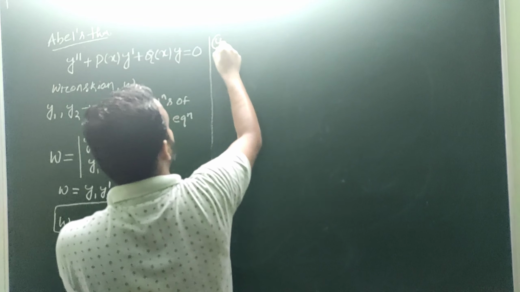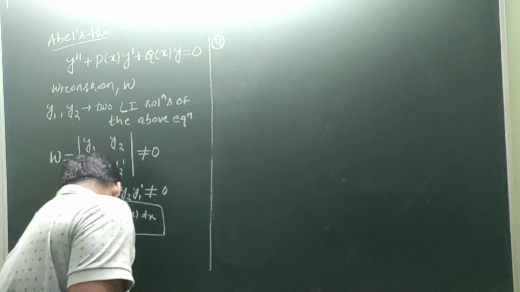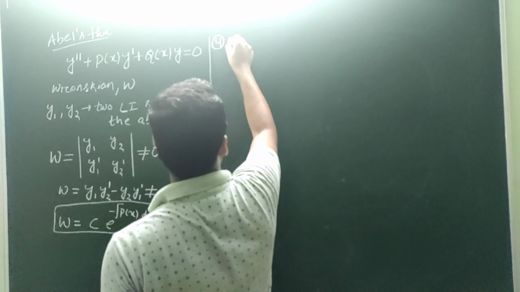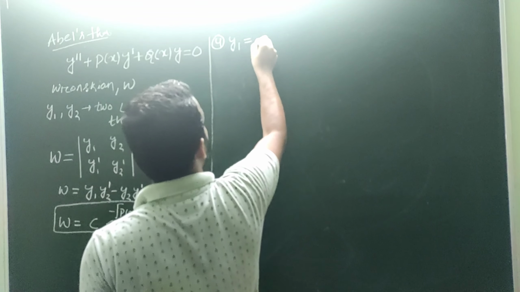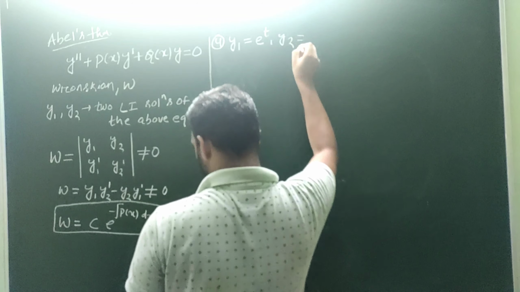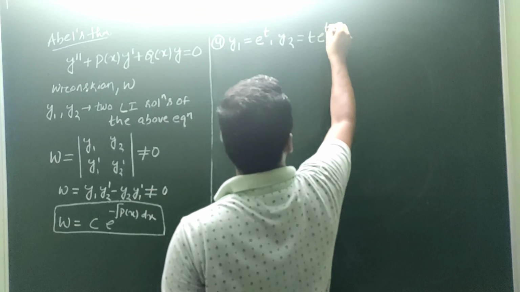This is the last question in this video. Two solutions are already given. Let's say y1 is e to the power t and y2 is equal to t times e to the power t.